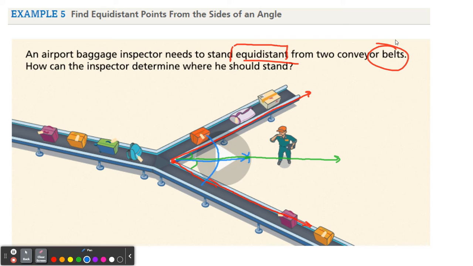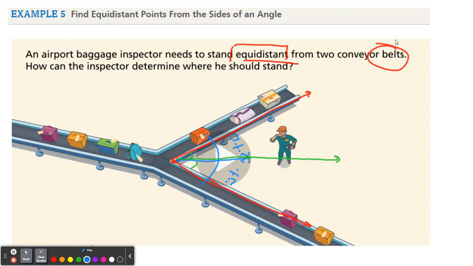And again, it is because of the distance from here to the conveyor belt. What we're going to do here is use a perpendicular distance. That distance right there should be the same as that distance. Those two distances should be the same, and again, it's the way that we constructed our angle bisector. So where should he stand, right? He should stand anywhere on this angle bisector.